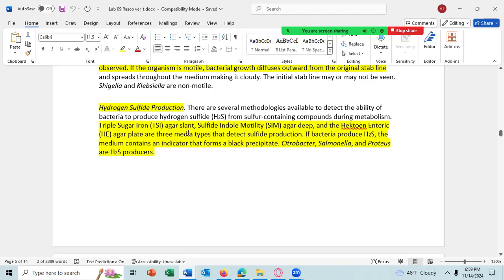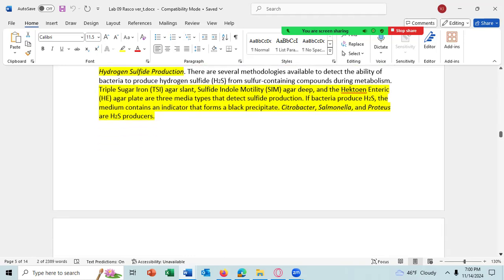So each of these three different media can look at the hydrogen sulfide being produced. If hydrogen sulfide is produced, the precipitate will turn black. So if you see black in the tube or on the petri dish, then hydrogen sulfide gas is produced. Citrobacter, Salmonella, and Proteus species are all positive for hydrogen sulfide production.